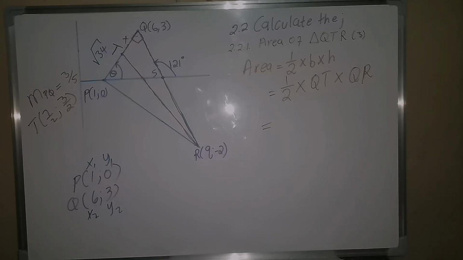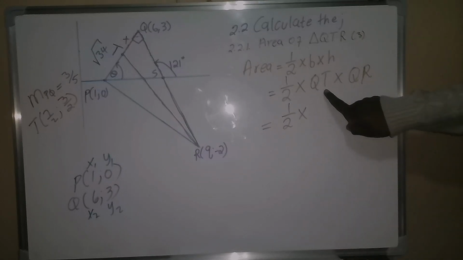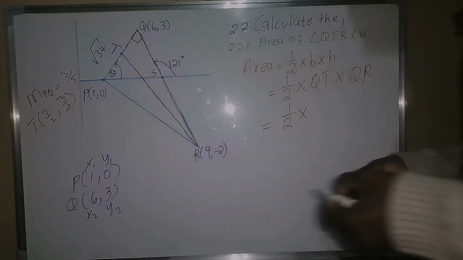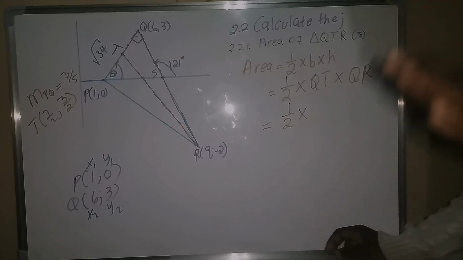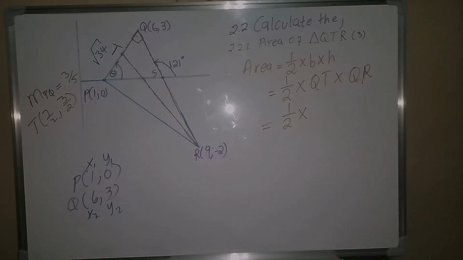Now, remember, guys, how do you find it? 1 over 2 multiplied by, what is the length of QT? Remember, we said that T is the midpoint of QP. Whenever you talk about a midpoint, you must know that the line bisects. It means it cuts into 2 equal pieces.